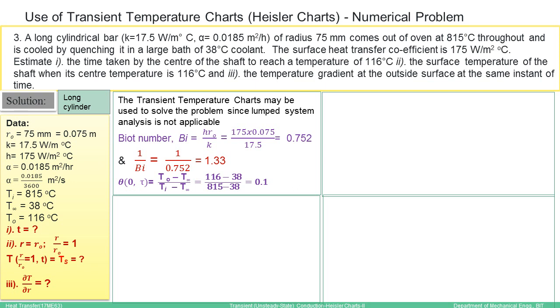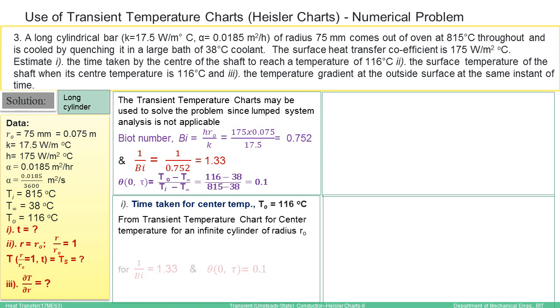Once you find out 1 by Biot number and theta naught divided by theta I, we can find out the time taken by using the transient temperature chart for center temperature for an infinite cylinder of radius R naught. From the chart, for the calculated 1 by Bi and theta naught divided by theta I, we get the Fourier number as 1.92.